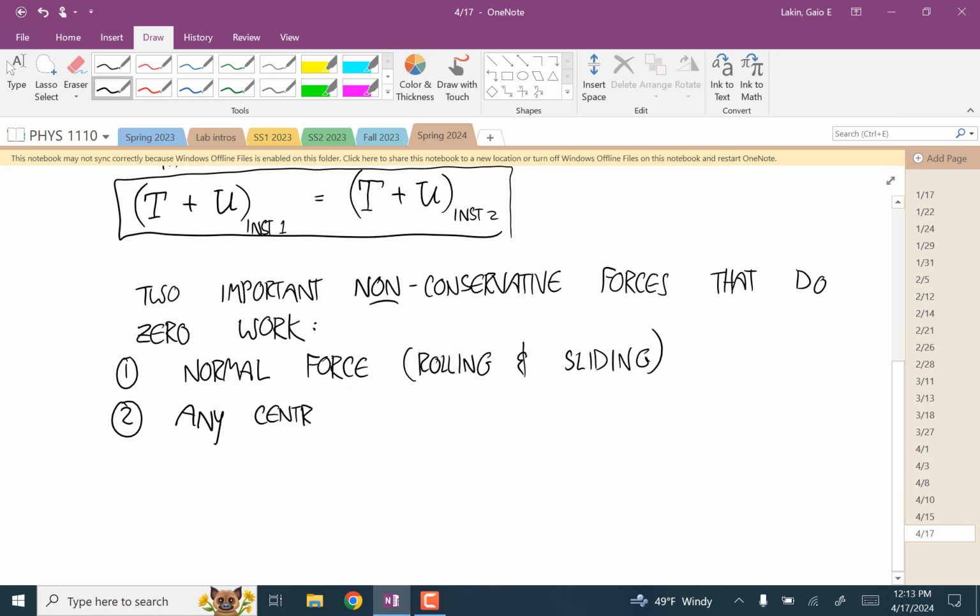What does centripetal mean? Yeah, very good. So any centripetal force in circular motion. What's the centripetal force we see most often in circular motion? Well, that's an acceleration, not a force.